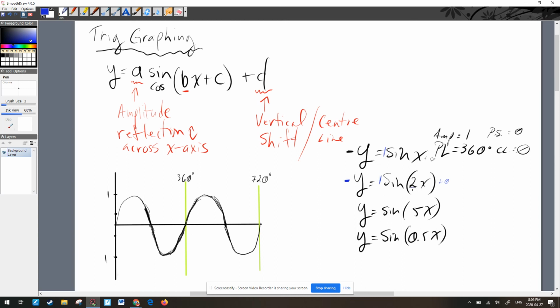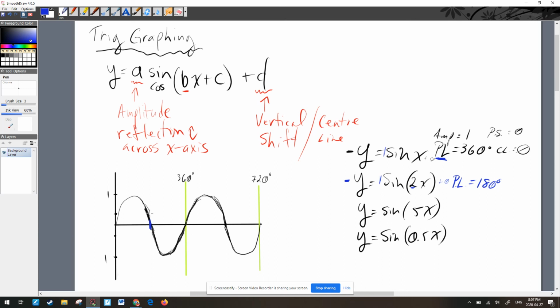What this 2 actually controls is the period length. As it turns out, this one is going to have a period length equal to 180 degrees. So that means it has to finish the entire cycle, one full cycle done by the time it gets to this spot right here.